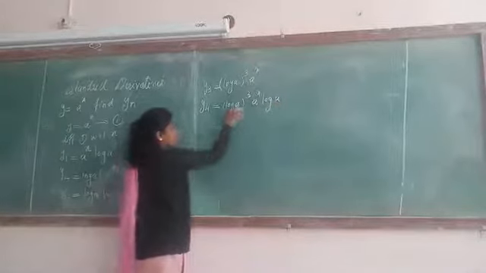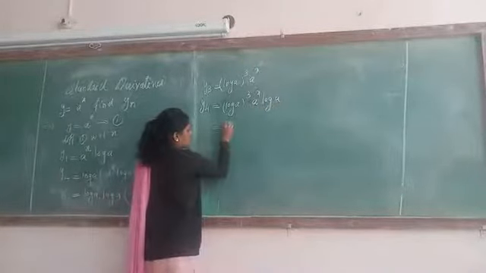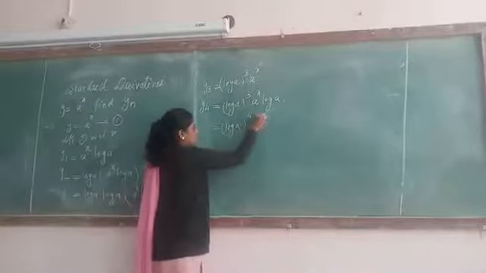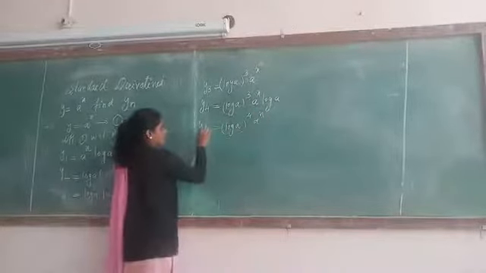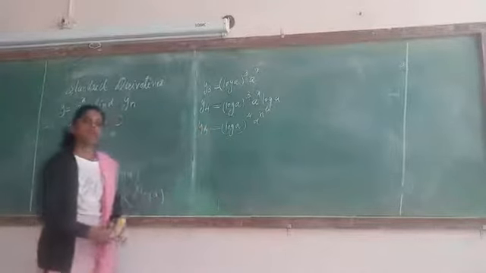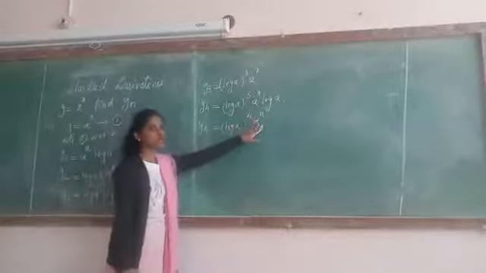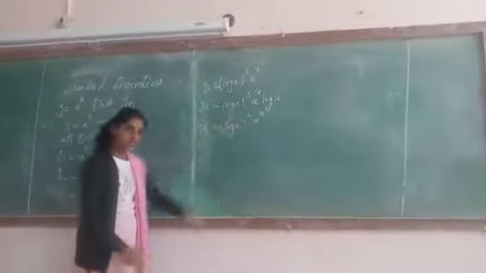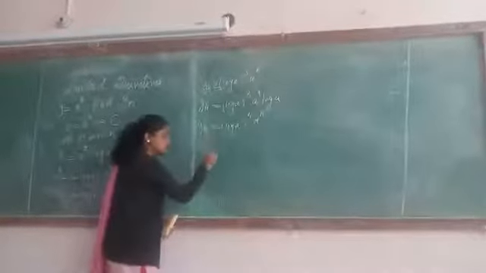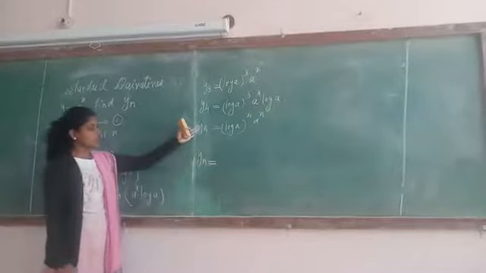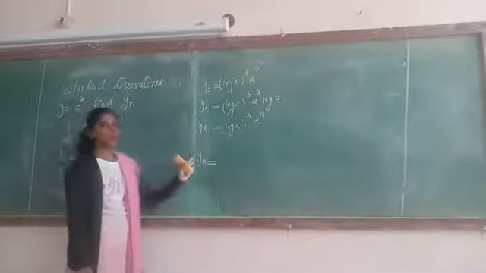So log of a to the power 4 into a to the power x is the fourth order derivative. The fifth order derivative will be log of a to the power 5 into a to the power x. If we continue this, we will get the nth order derivative.